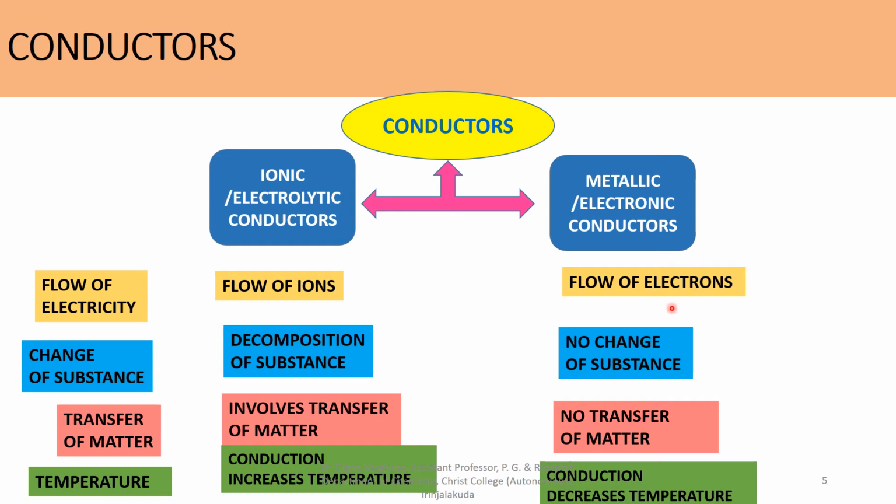Due to the random movement, they undergo collisions. As the number of collisions increases, they cannot move faster. So the conduction decreases. So these are the differences between the ionic conductors and the metallic conductors.